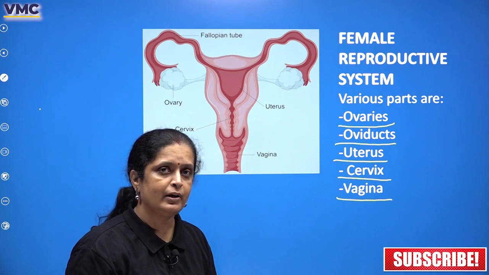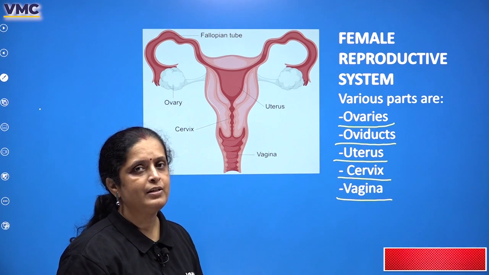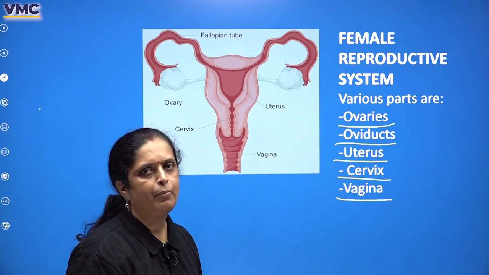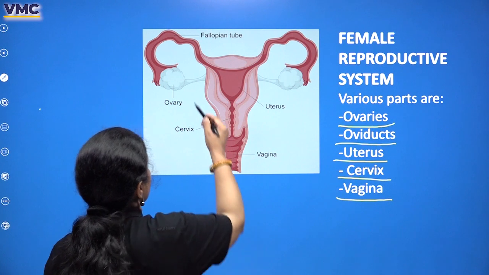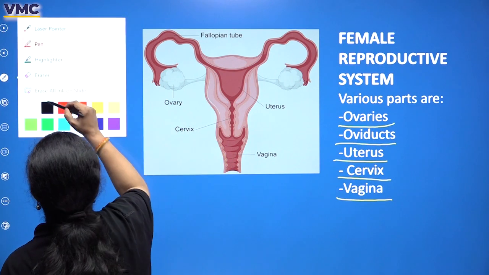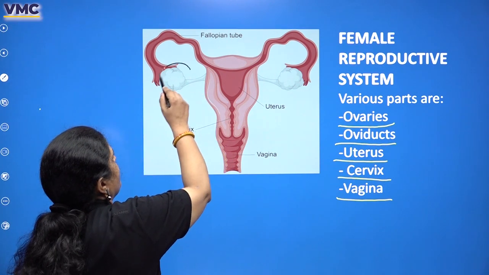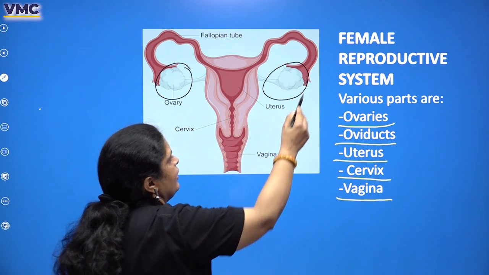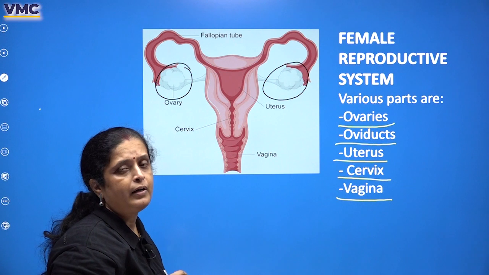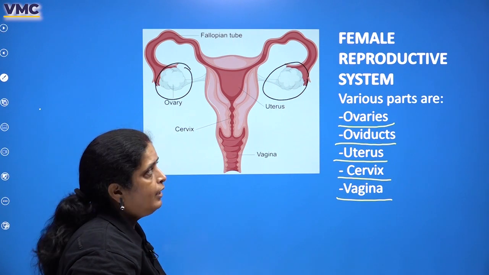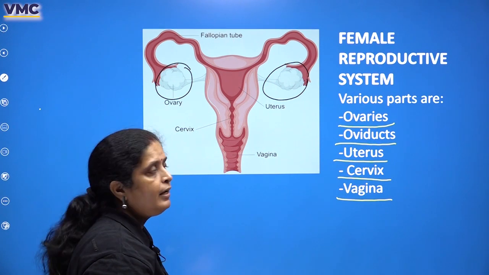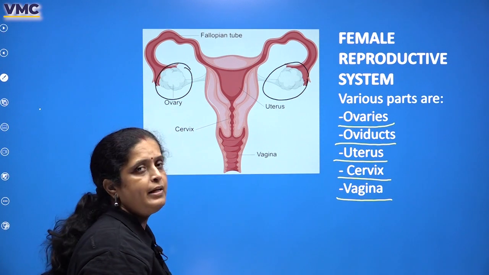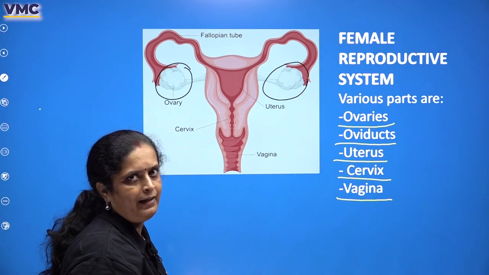Unlike the male reproductive system, the female reproductive system is inside the abdominal cavity. It has a pair of ovary, right? ये आप देख रहे हैं यहाँ पर ovary है. Ovary main reproductive organ है जो हार्मोन भी प्रोड्यूस करती है और it also produces the ova or the egg.